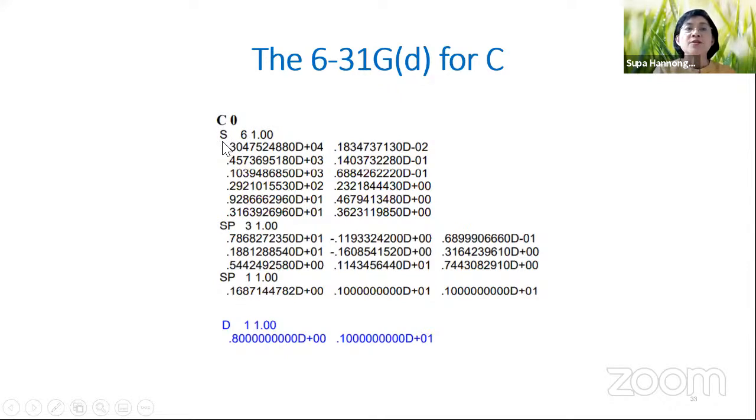You can see that you have 6 primitives for the 1s orbital, and you have 2s and 2p, 2 sets. The first set has 3 primitives, and the second set has 1 primitive. And also you have the d orbital on the heavy atom that allows the electron to be here, right?